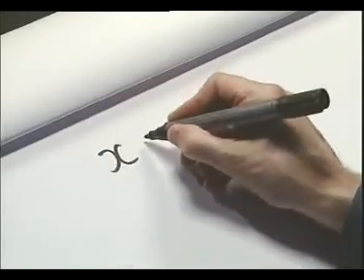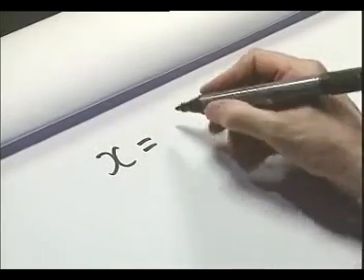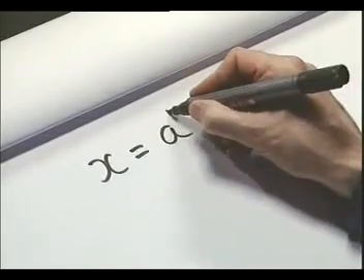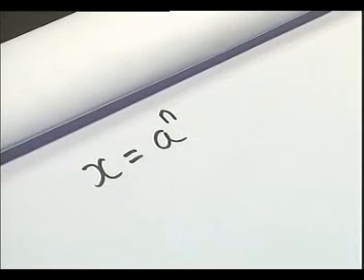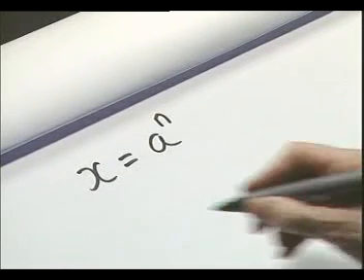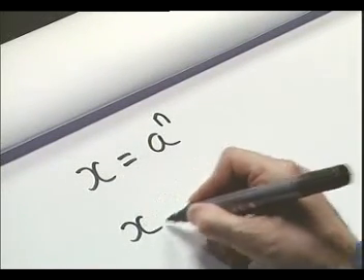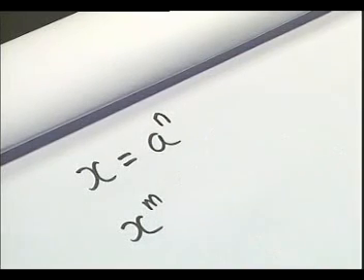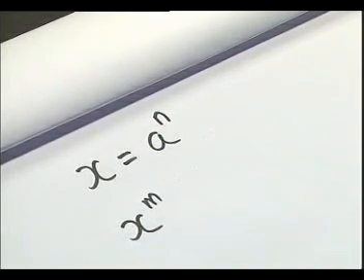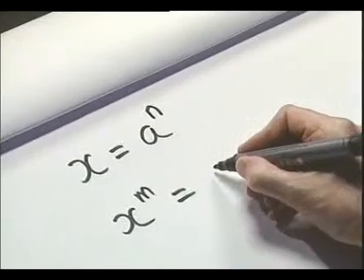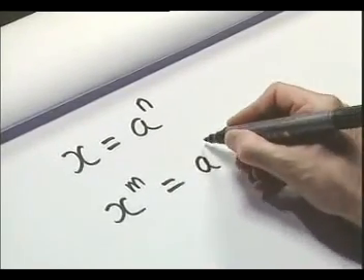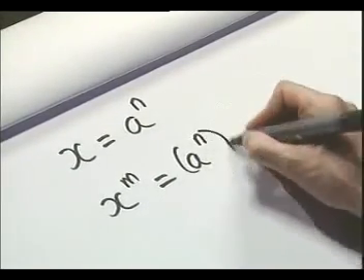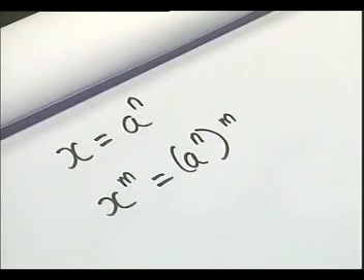Well, again, let's start with x written as a to the power n. Now, what if we take x and we raise it to the power m? That would be a to the n, all raised to the power m.